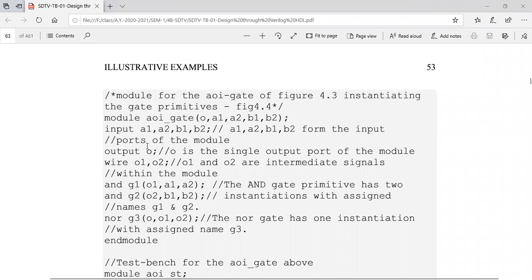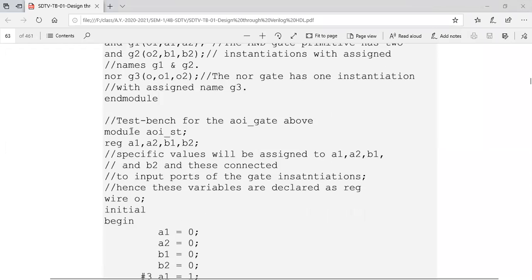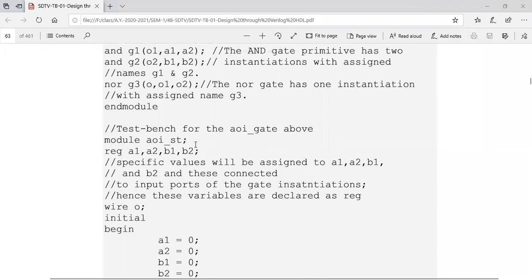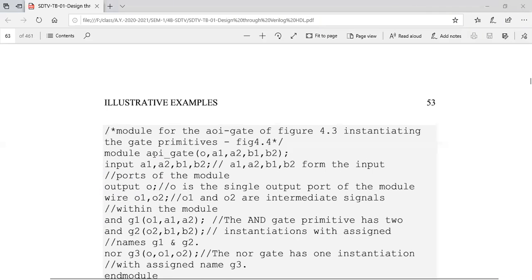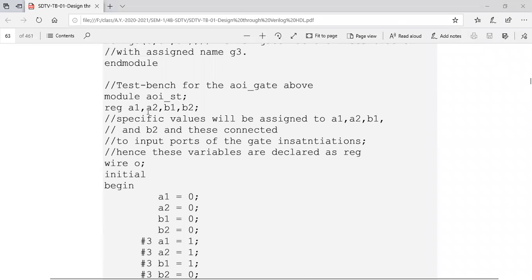How to write a test bench for this? For the test bench, we write AOI test. Generally, we write AOI underscore test only. Sometimes you can mention ST, simulation testing, right?